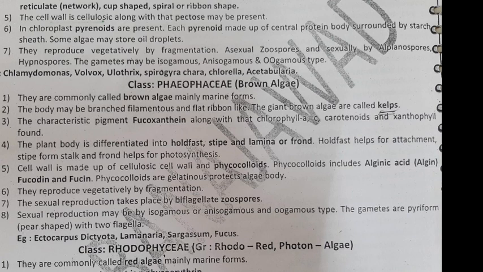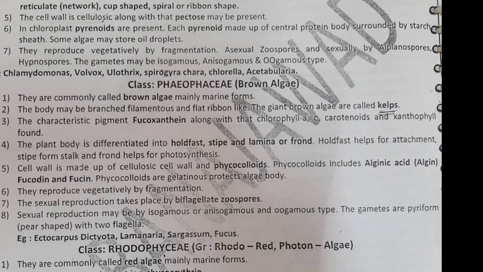Next point, the cell wall present in Phaeophyceae is made of cellulose and also phycocolloids. The phycocolloids include alginic acid, commonly known as algin, fucoidin and fucin.